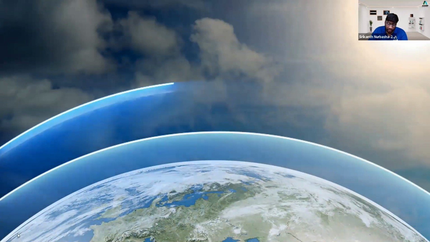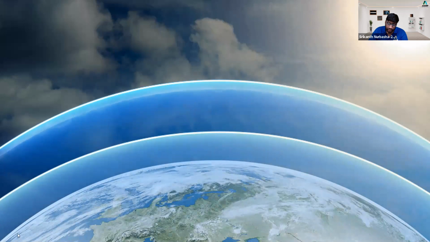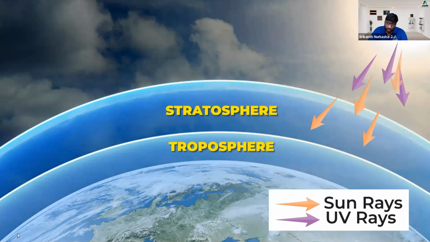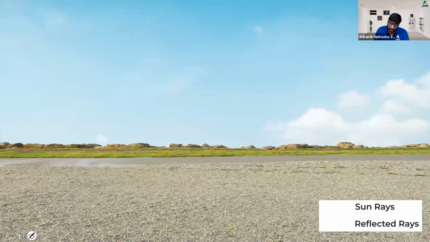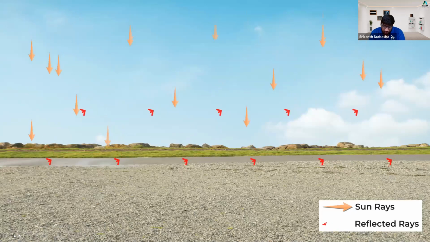The ozone layer is actually protecting us. There are the troposphere and the stratosphere. From the stratosphere, the UV rays are not coming through because of the ozone layer's protection. The sun's rays are coming down, 75% are absorbed and the remaining rays are reflected back.